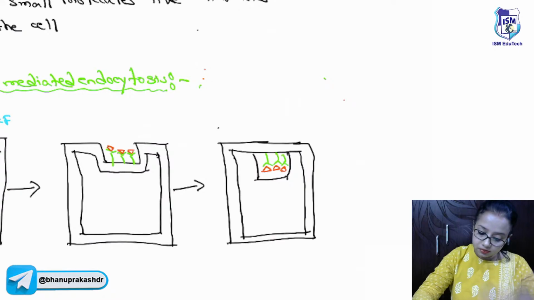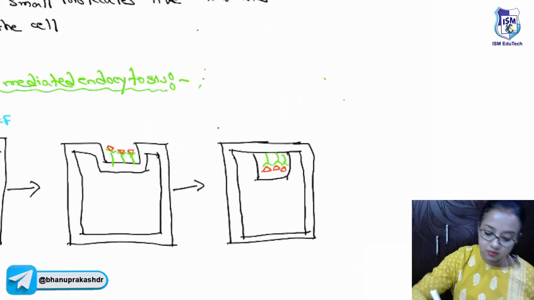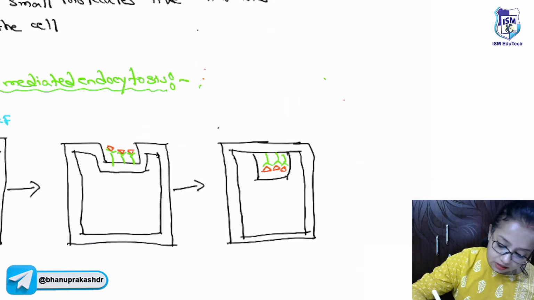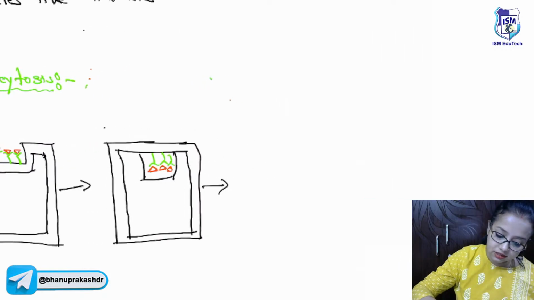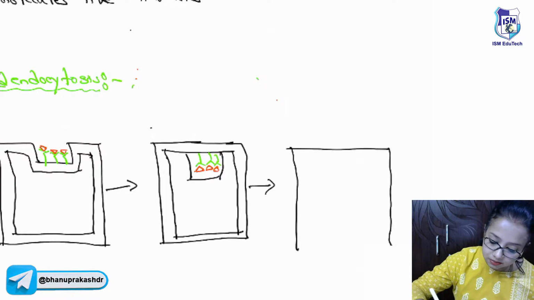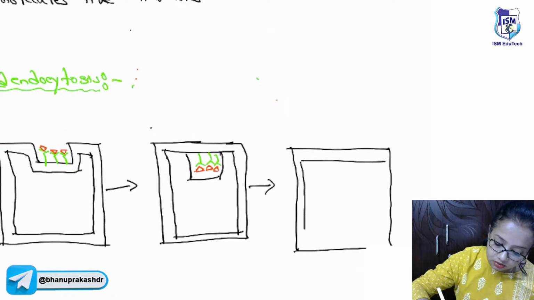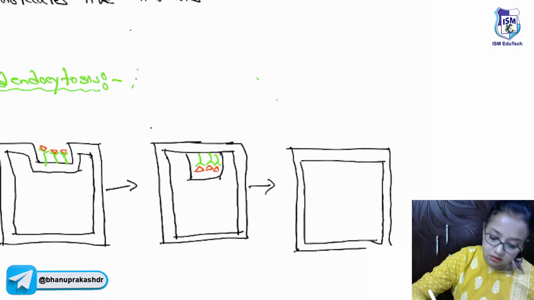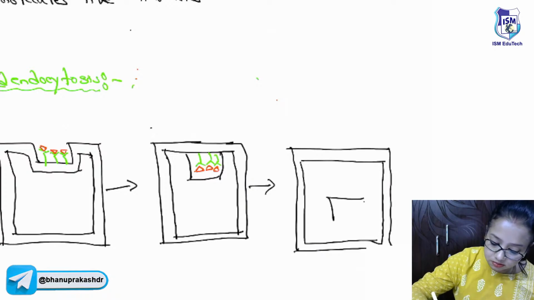Then as usual, there will be detachment of these molecules from the vesicle.